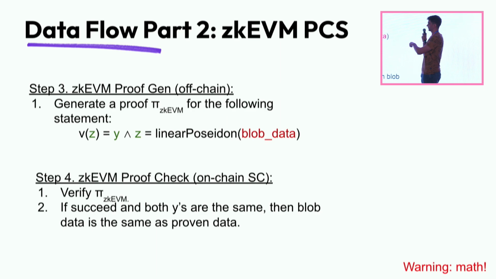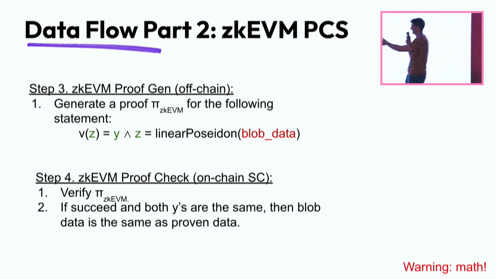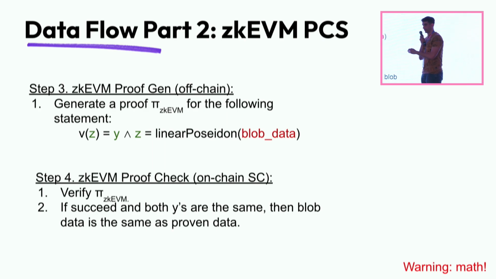And not only this, but also that the evaluation of the polynomial that represents the blob is precisely what we verified in step 1. So if in the next step, when we prove that the batches are correct, we are able to verify this proof, that will mean not only that the evaluation is correct, but also that it coincides with what we got in the previous step.